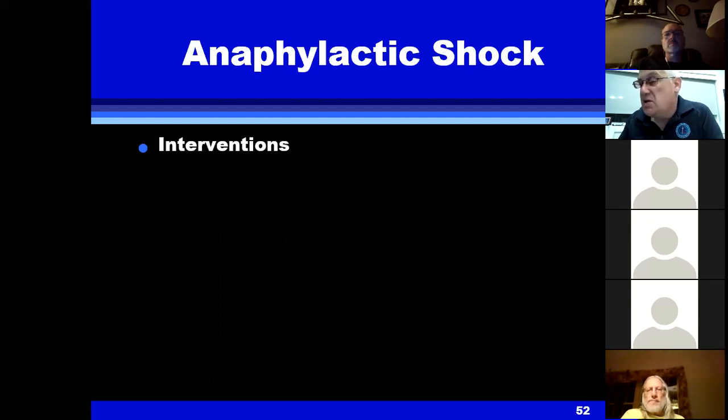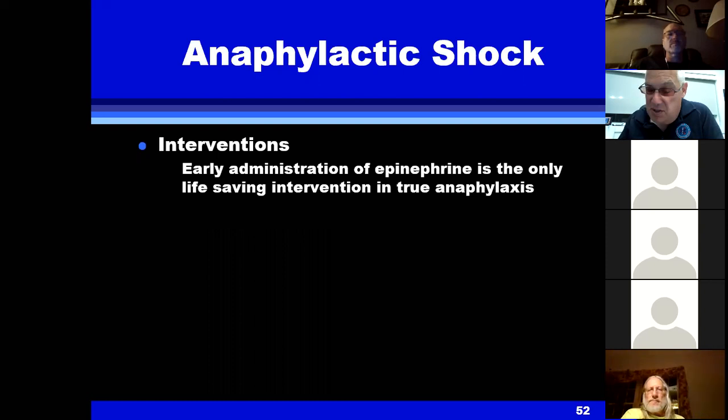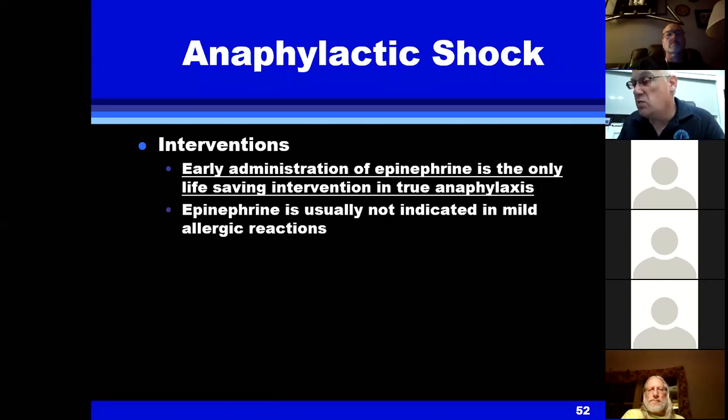So epinephrine is the only life-saving intervention. Benadryl will not save somebody's life who's in anaphylaxis. It may prevent somebody from going into anaphylaxis, although that's kind of dispelled. It may lessen the symptoms. It may help people who only have the skin symptoms. But if they're truly in anaphylaxis where their breathing is affected, epinephrine is the only drug that will save their lives.